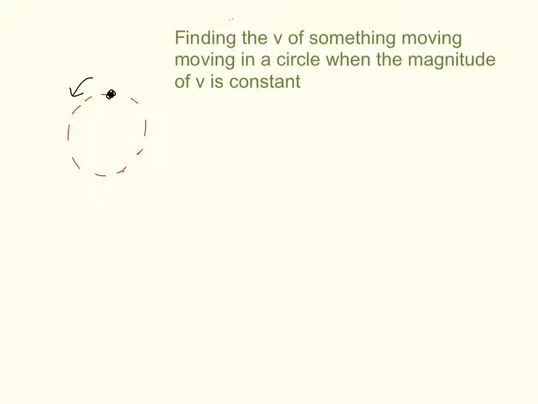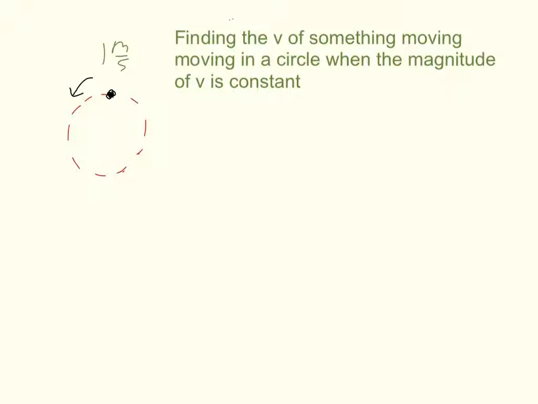And the only thing about the velocity that will be changing is the direction part. So if I wanted to give this particular object up here, this little black dot, a velocity of 1 meter per second, I am saying that as that dot travels around in a circle, it will always have a velocity of 1 meter per second.